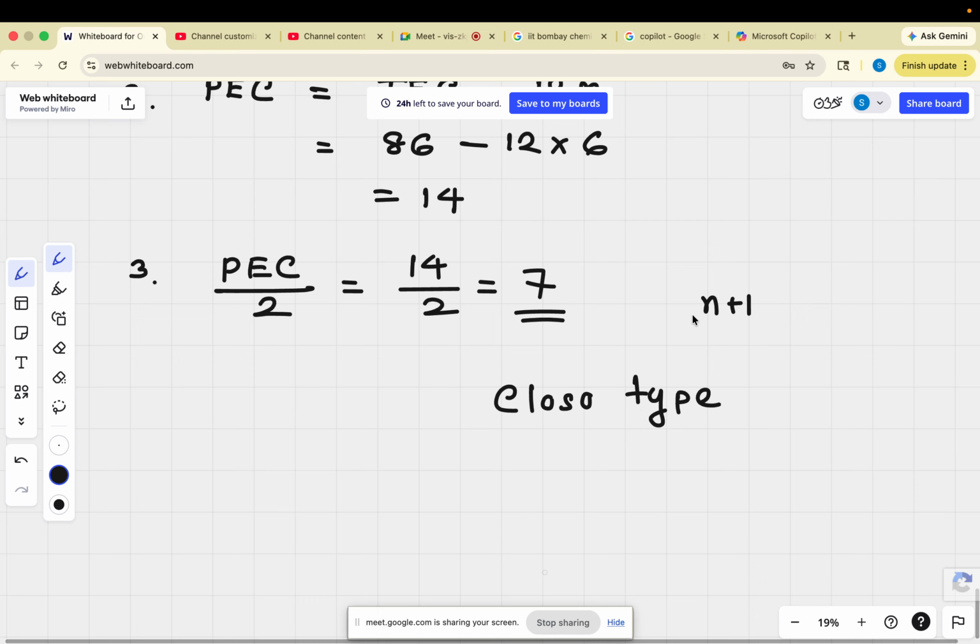Clear how to do? Yes, sir, clear. Okay, now do some examples by yourself. Suppose number 2, you have this Os5C(CO)15. Do it, tell me which type it is.